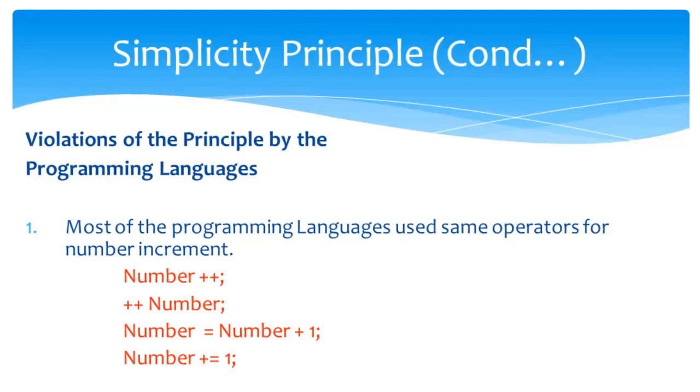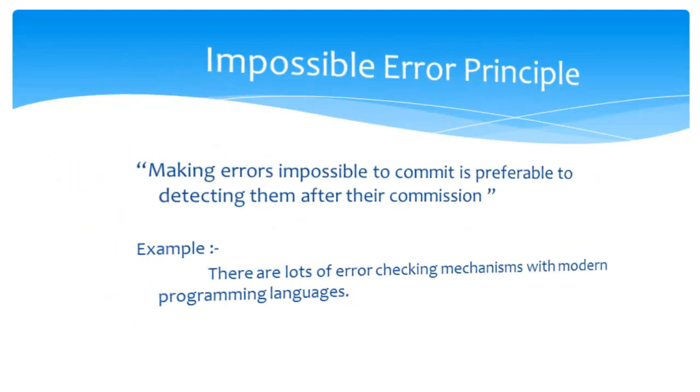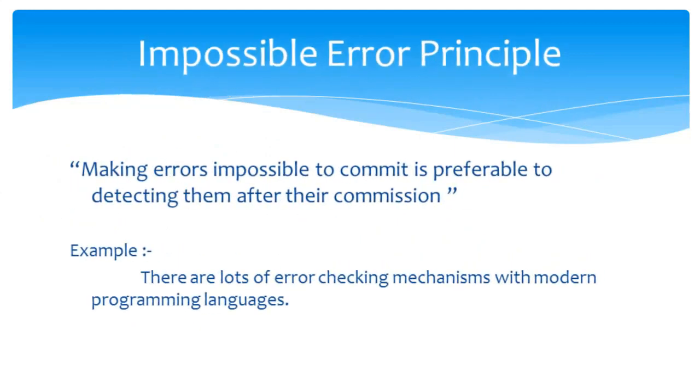Now we will move on to the next principle, the impossible error principle. Making errors impossible to commit is preferable to detecting them after they are committed. In general, we can say errors should be detected.